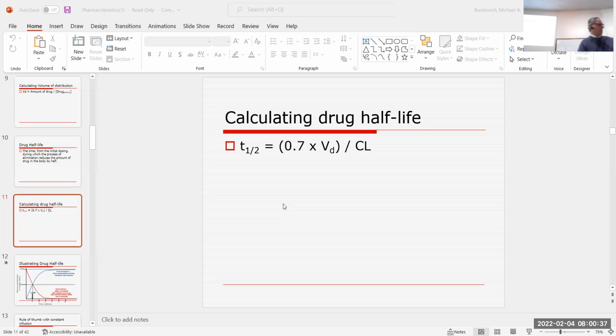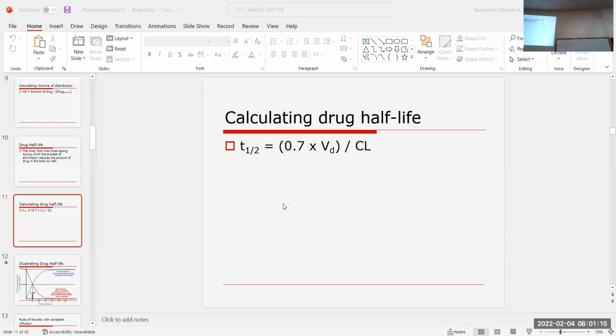So from the handout, on page 9, you have a series of equations that essentially provide you ways to calculate different types of pharmacokinetic parameters. Half-life, as you can see, is at the bottom of that table.